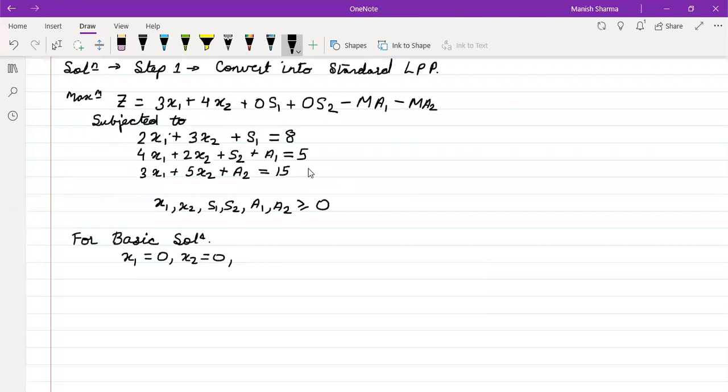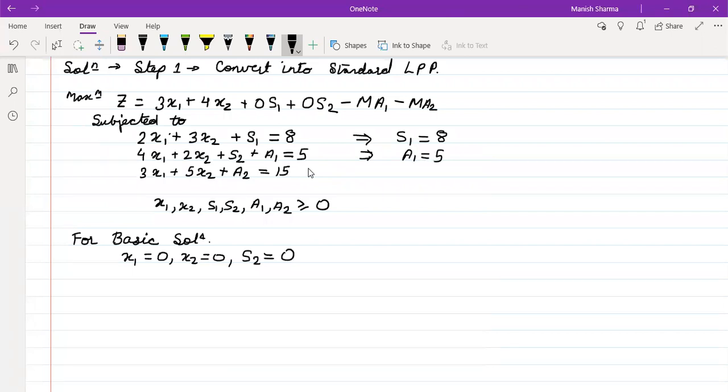So from this equation, what we will get is s1 equal to 8, isn't it? If I keep x1 equal to 0, x2 equal to 0, then I'll get s1 equal to 8. For this equation, we are going to keep x1, x2 as well as s2 as 0. Then from here, we are going to get a1 equal to 5.